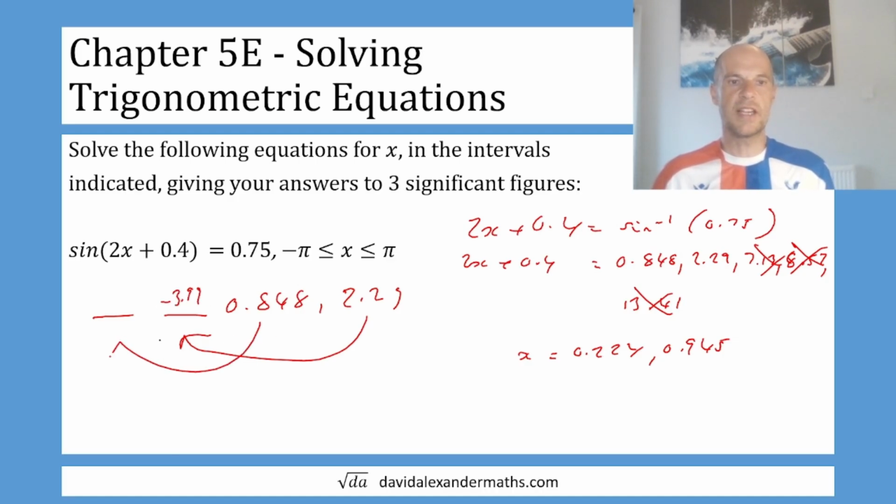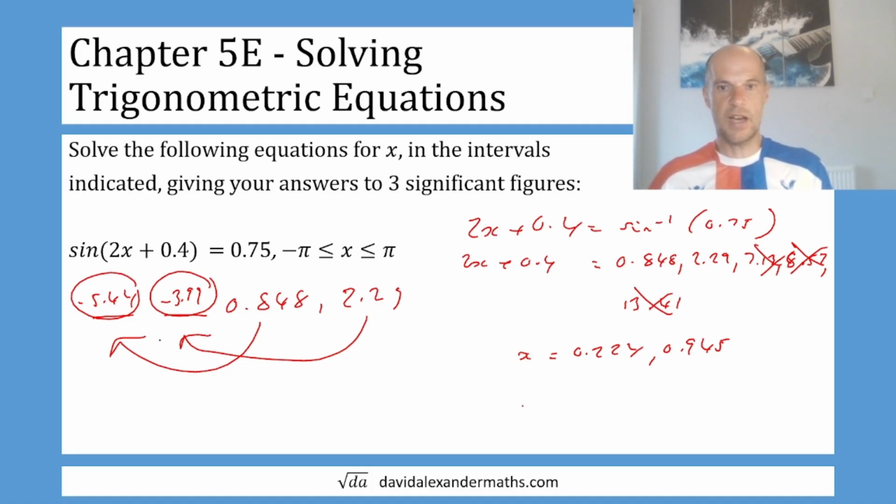And the one before that is 0.848 take away 2 pi, which is minus 5.44. So remember that these values here are also the values for 2x plus 0.4. So I need to subtract 0.4 from these and then halve them as well.